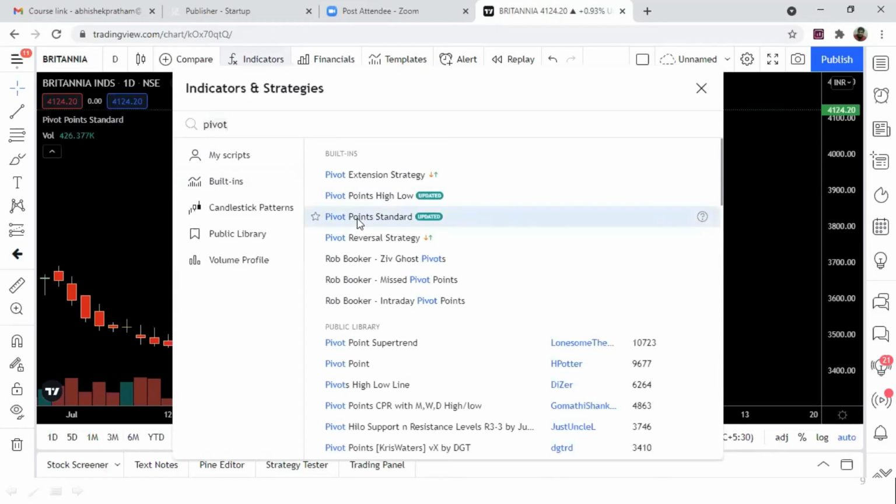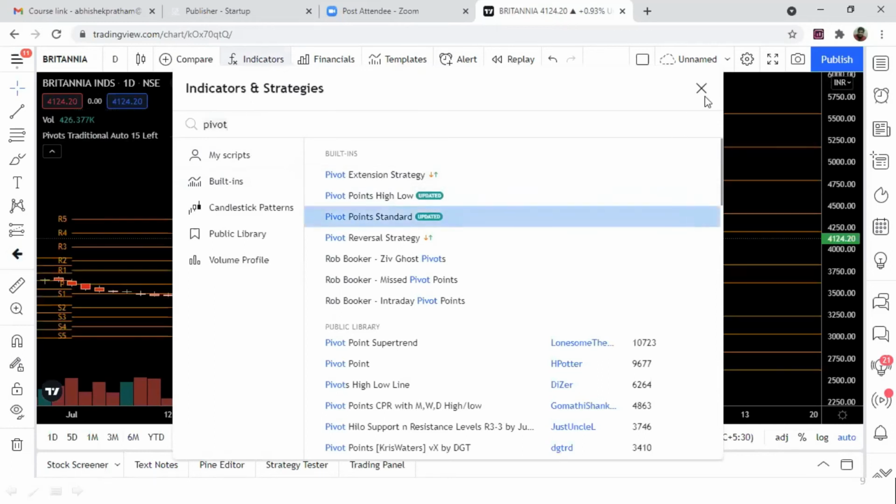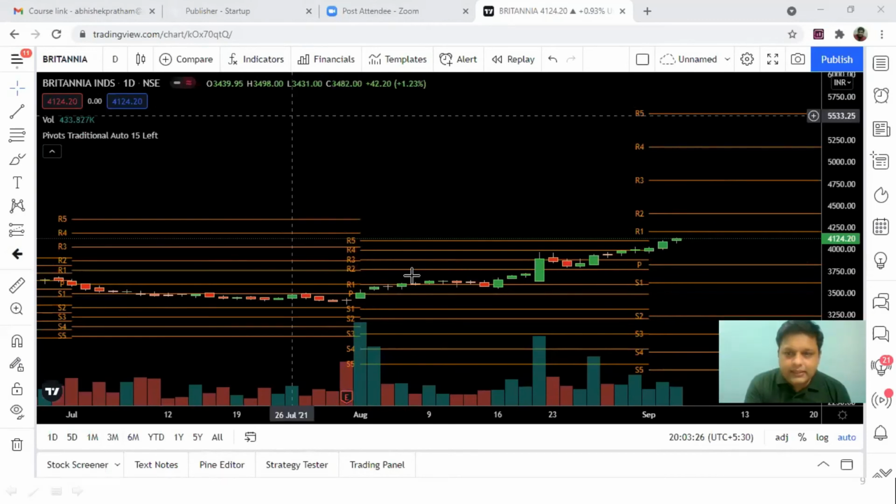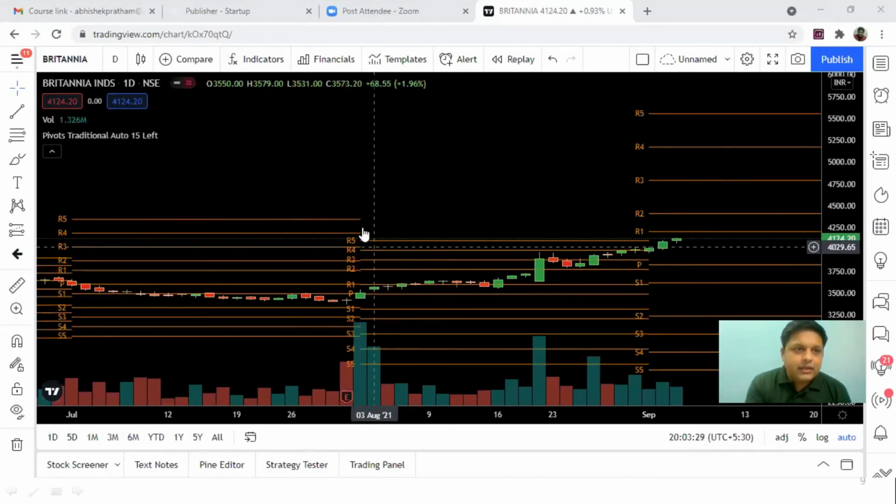So guys, can you see there is this kind of numbers that is thrown to you? So many numbers, P, R1, R2, R3, R4, R5, right?